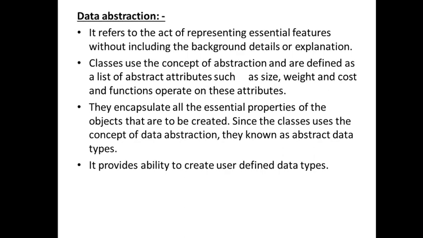In many cases we represent only the important features and hide some of the background details. For example, if I take the example of medicine, we simply look at its application, and all the other information about the company and the contents is not exposed so much.